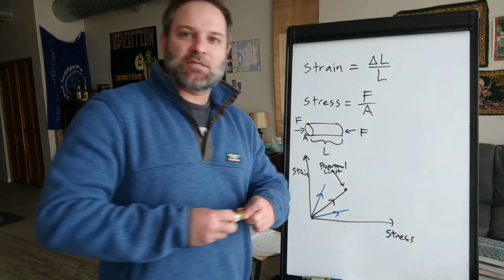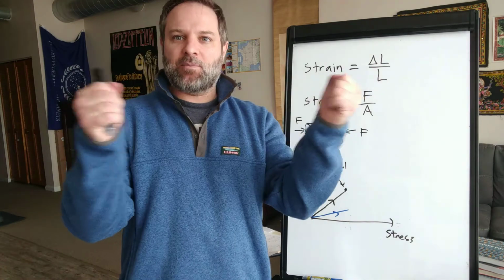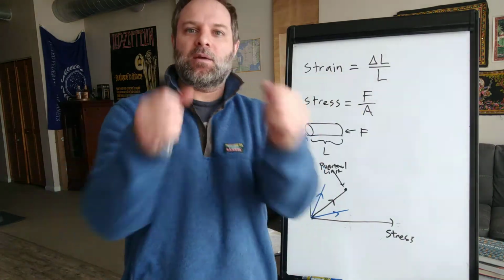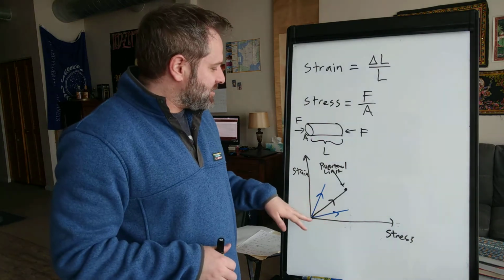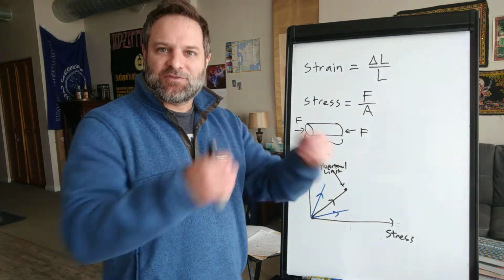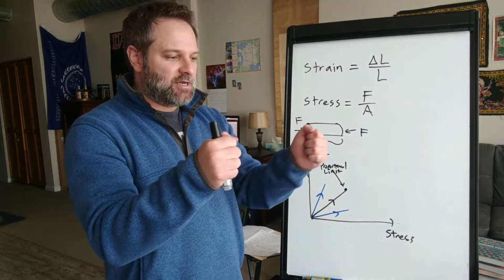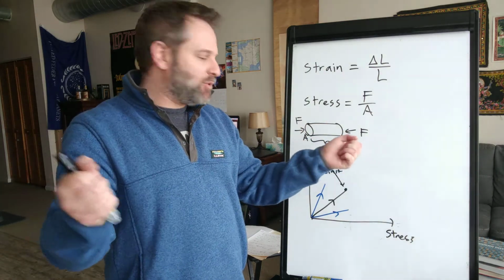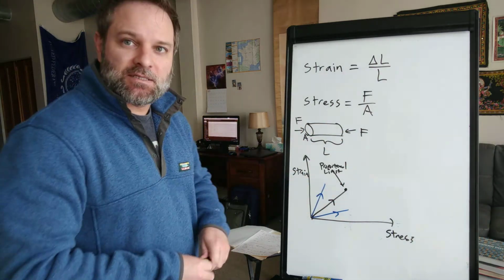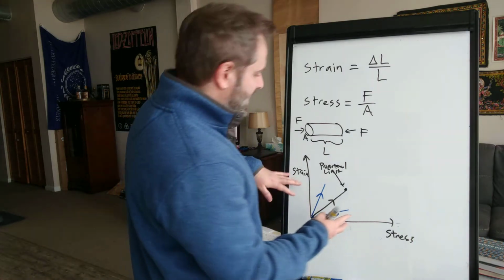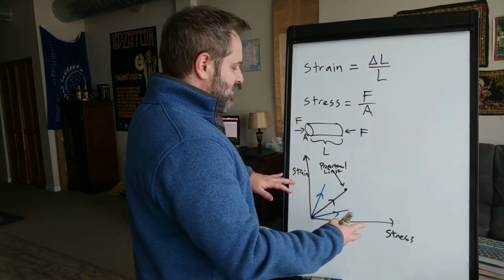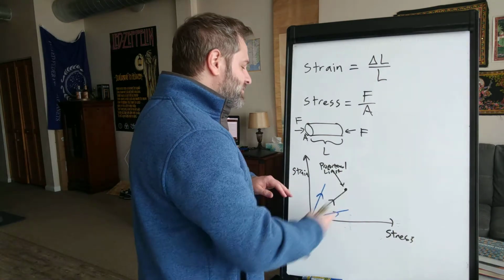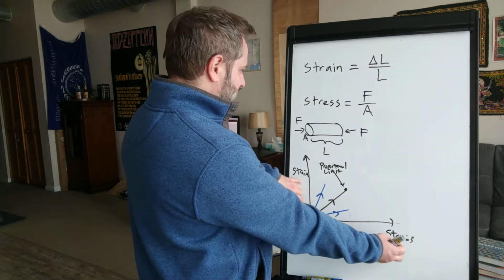So if you imagine, for example, I've got a piece of taffy, right? I'm going to be able to pull on that taffy, and for a while there's going to be a linear relationship between strain and stress. But if you've ever pulled on pieces of taffy, eventually it just gets much easier to pull it apart. So that's when you've hit the proportional limit, where I no longer have this increase, or this linear relationship between the strain and the stress.